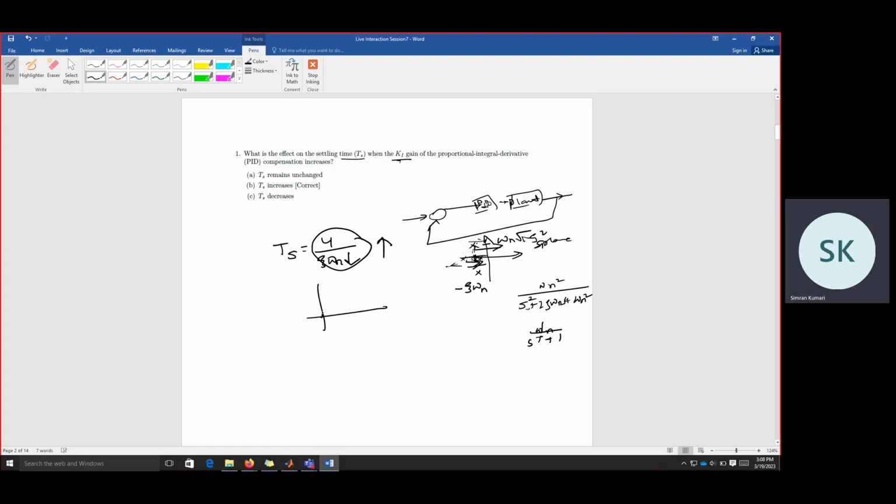Suppose this kind of response we want for a step input, then with increasing Ki, this will be more oscillatory, like this. So peak overshoot will also increase. This is some insight about the effect of these gains. So this is the answer.